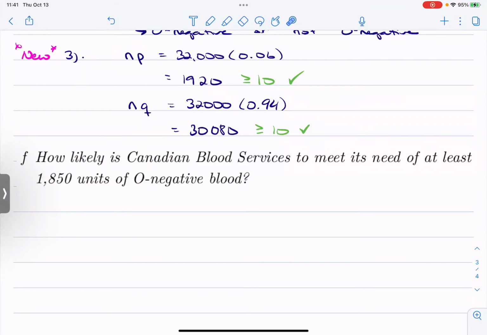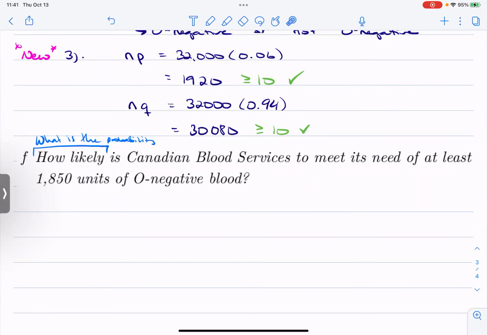So how likely is really asking what's the probability? What is the probability? But the rest of the sentence doesn't make sense that way, but how likely is Canadian Blood Services to meet its need of at least 1,850 units of O negative blood.